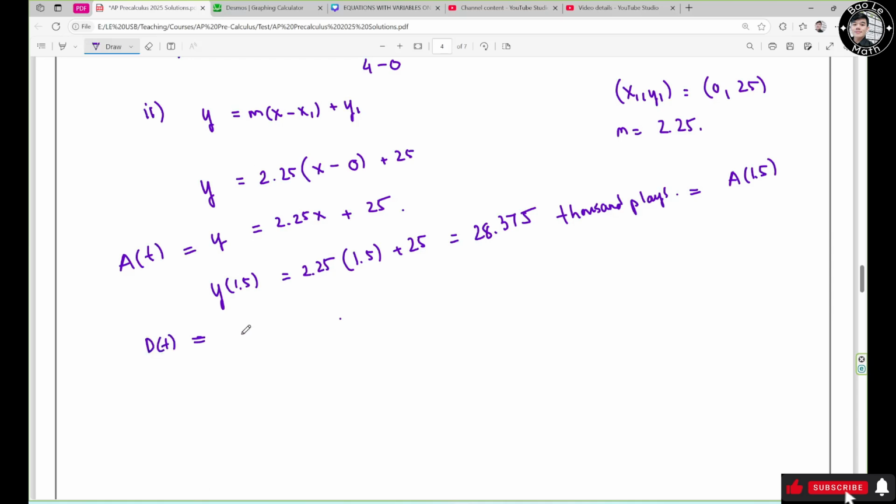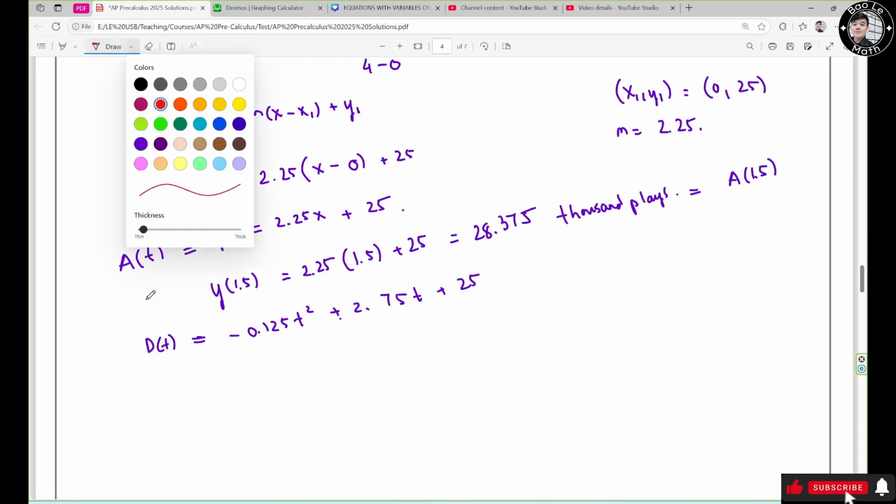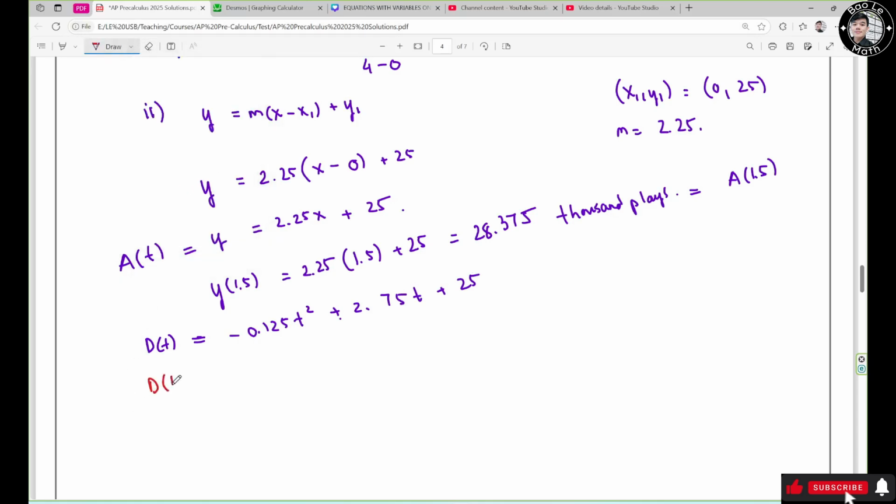The function D(t): now we need to calculate D(1.5), right? So it's going to be negative 0.125 times 1.5 squared plus 2.75 times 1.5 plus 25. Alright, so we can pull up the calculator.